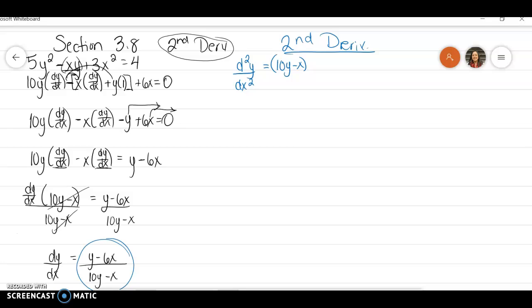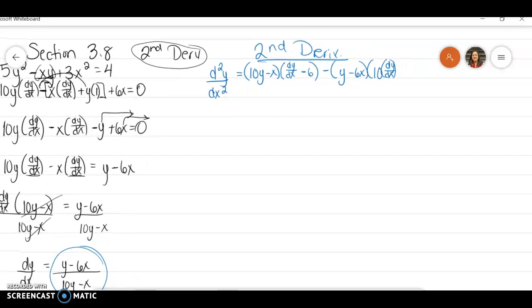The derivative of the top is going to be 1 dy over dx minus 6, for the bottom times the derivative of the top, minus the top times the derivative of the bottom, which is going to be 10 dy over dx. Let's put that in parentheses so I can find it a little bit easier when I'm looking for it.